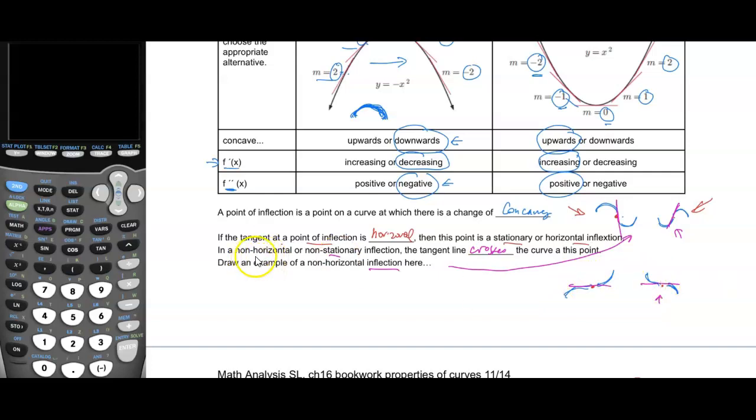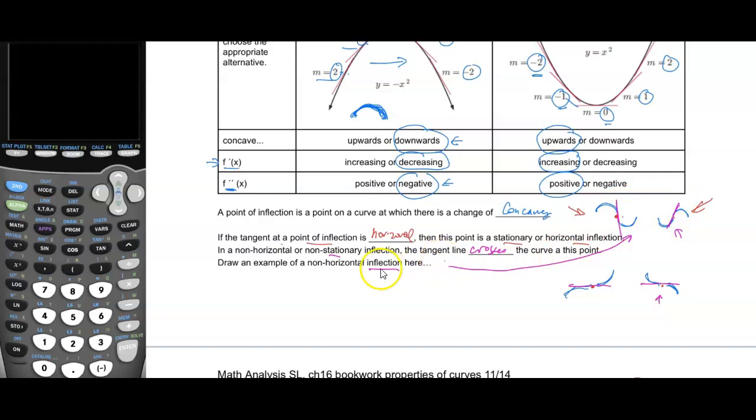Okay. In a non-horizontal or non-stationary inflection point, and I've drawn two examples here, you can see that the tangent line that goes through the inflection points is not horizontal, it's diagonal. The tangent line crosses the curve at this point. So of course the tangent line crosses the curve at the inflection point.